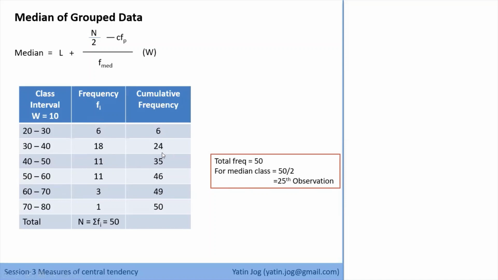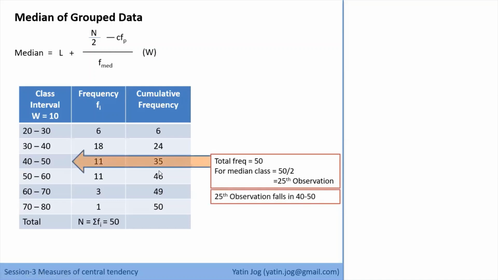That means from the 25th till the 35th observation, all the data points are in this class interval, 40 to 50. So my 25th observation falls into this class interval. This becomes my median class.